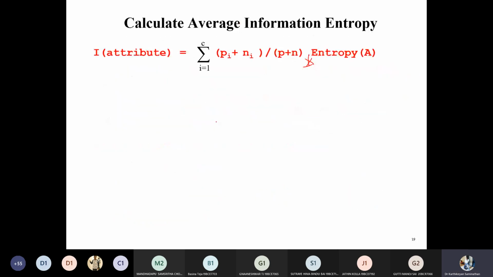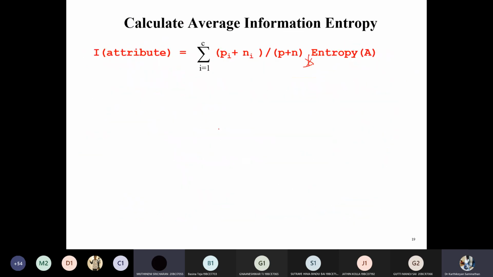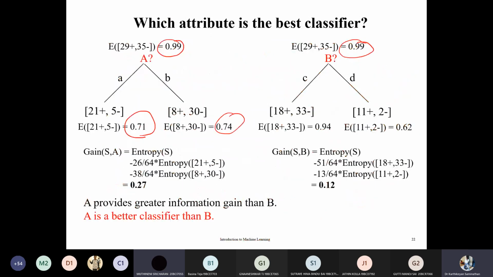Your definition says here, you can see, the information gain is calculated by comparing the entropy of the data set before and after transformation. So before and after transformation, here before is positive and negative. So 26 by 64 into entropy of 21 plus 5 minus.